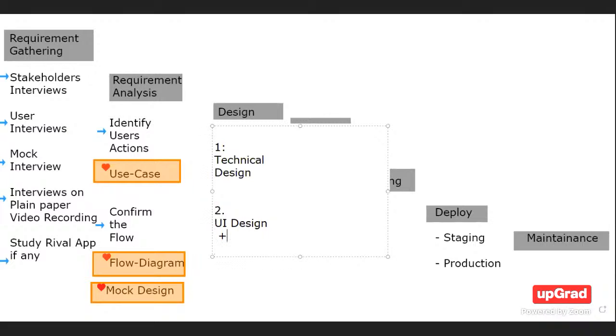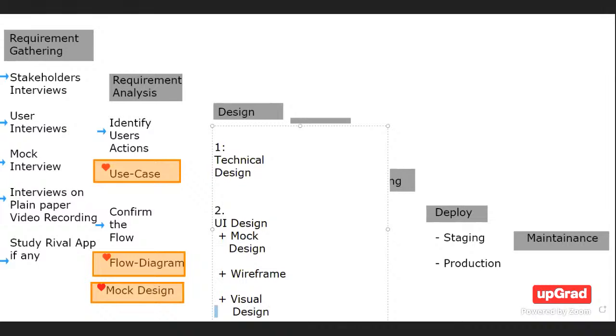One of the phases is that we do a mock-up, mock design, I would say. Then there is another thing called wireframe, and then there is something called visual design that we go with.